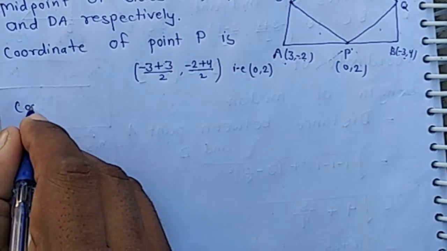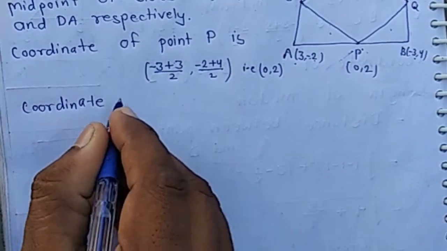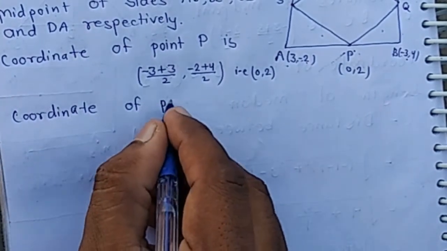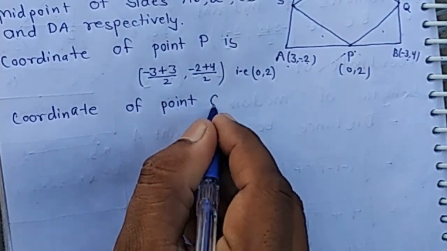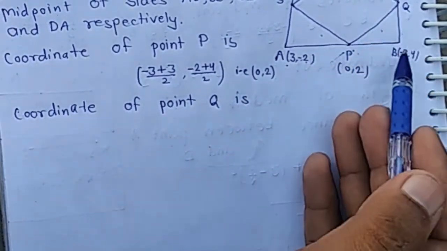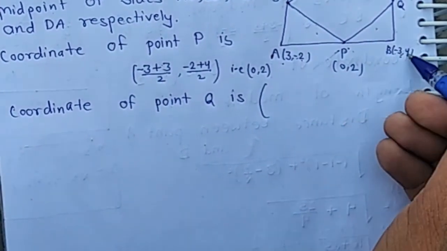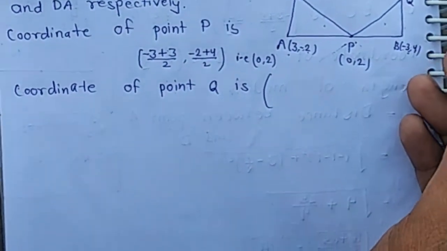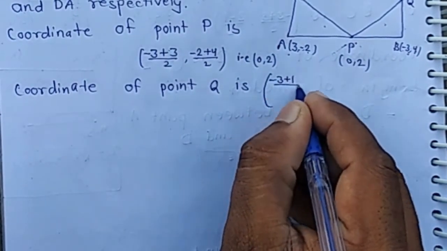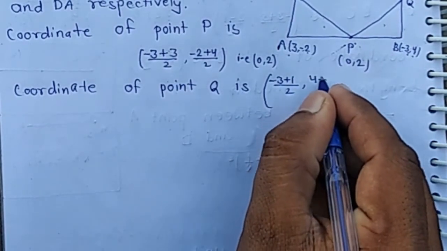Coordinate of point Q. Point Q is the midpoint of side BC. Then we apply (x1 plus x2) by 2, means -3 plus 1 by 2, and (y1 plus y2) by 2, means 4 plus 8 by 2.